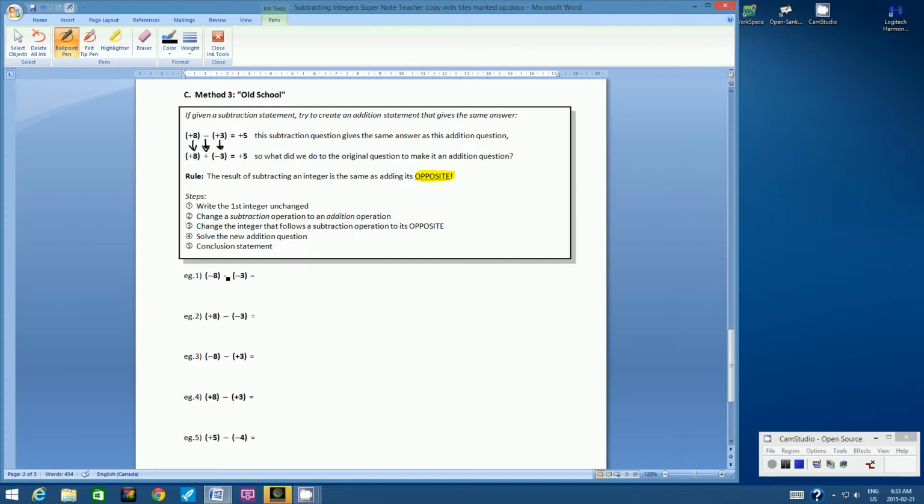Example 1. Let's rewrite example 1 in standard form. Let me give you a 5-second head start. Okay, so let's start with our steps. Step 1, write the first integer unchanged.